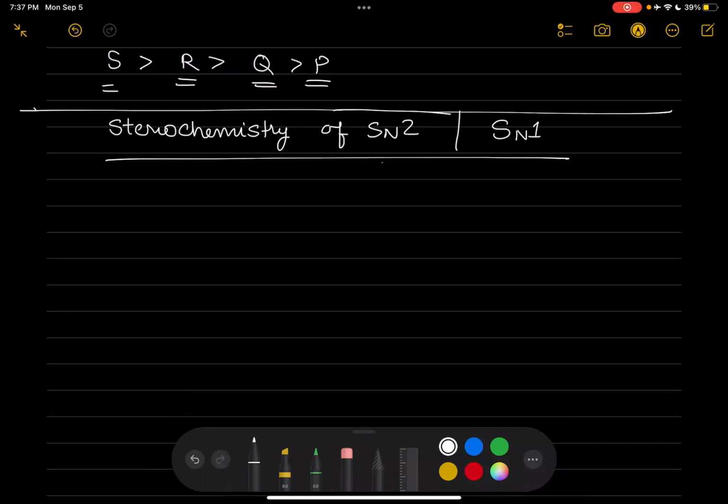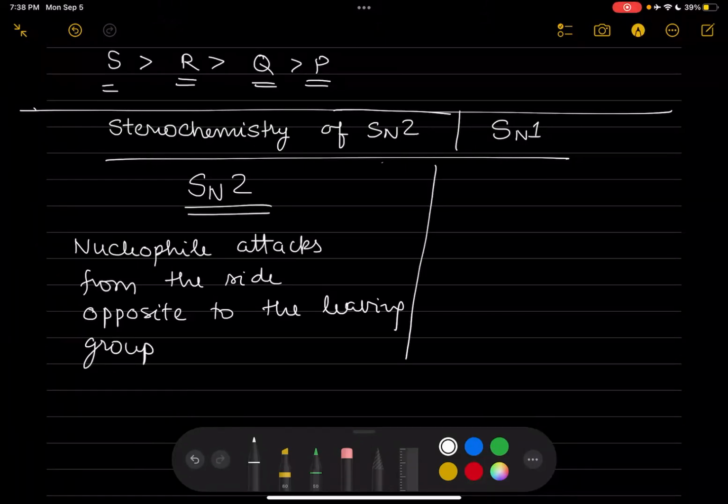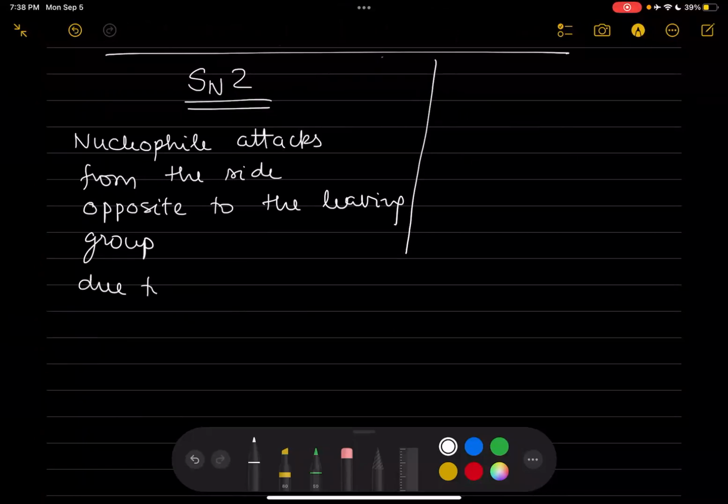In SN2, the nucleophile has to come and join from the side opposite to the leaving group. Why is it compulsory?